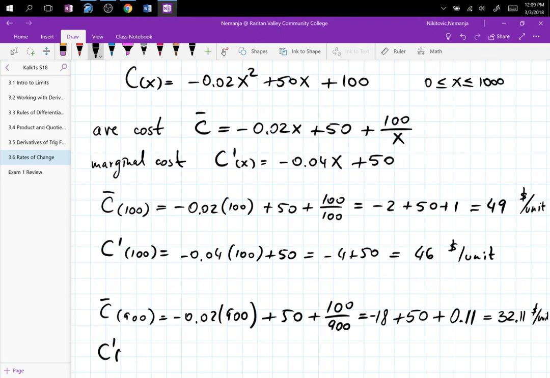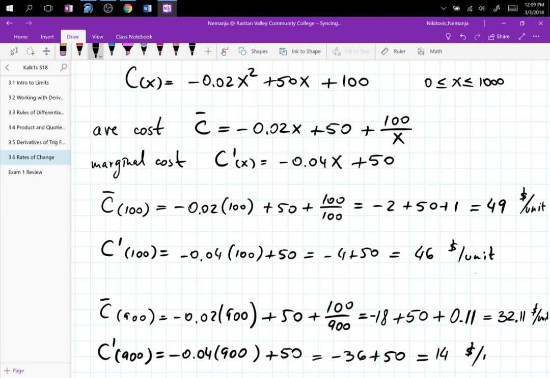And the marginal cost at 900 is negative 0.04 times 900 plus 50. That is negative 36 plus 50, which is equal to $14 per unit. It has to be clear.